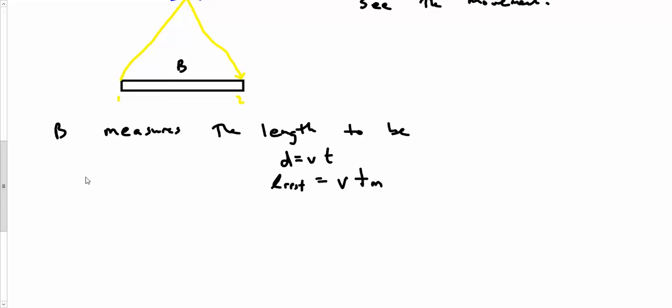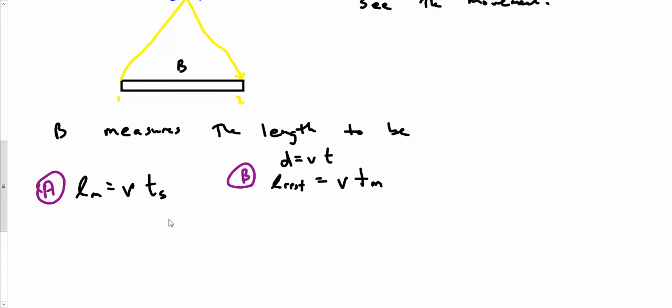And what I had up above was that the length of this thing moving is equal to the velocity times stationary time. So this is what A is seeing, and this is what B is seeing from those two frames of reference.